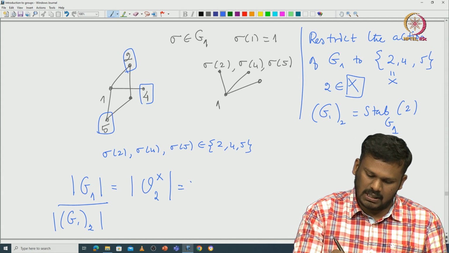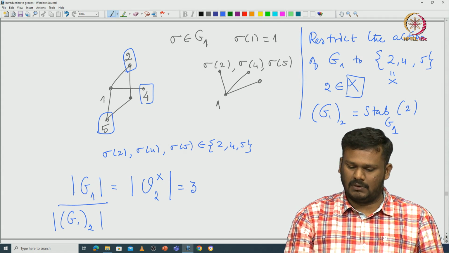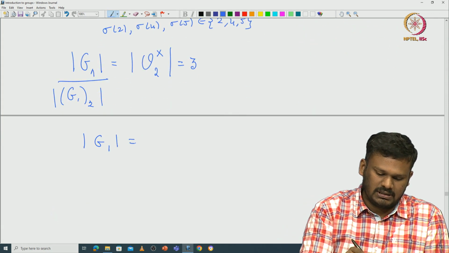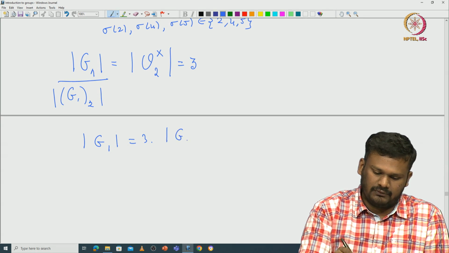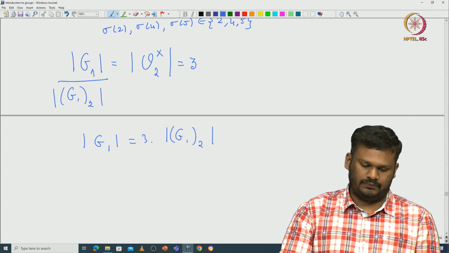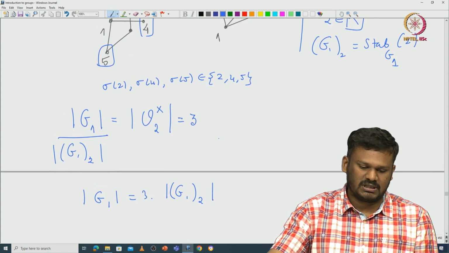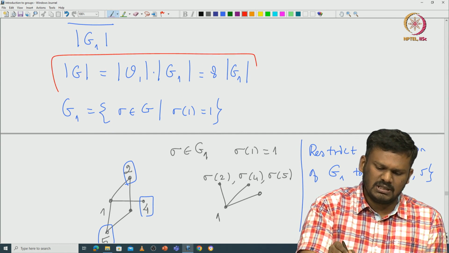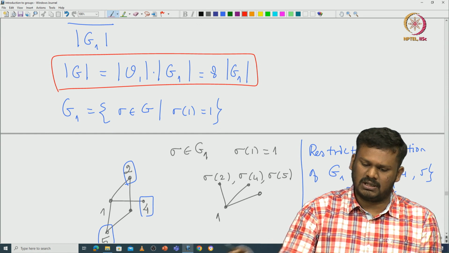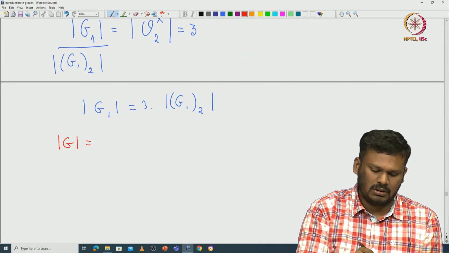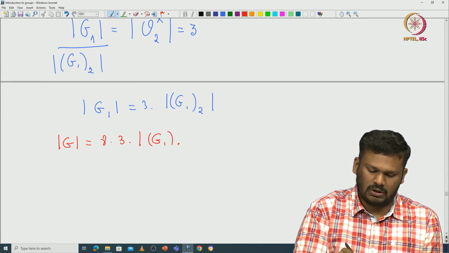So, the cardinality of the orbit is exactly 3. Indeed, what we proved is that the cardinality of G1 is 3 times the cardinality of the subgroup of G1 that fixes 2. If you go back to the original equation, the cardinality of G is given by 8 times the cardinality of G1. If you substitute this back, you get the cardinality of G equal to 8 times 3 times the cardinality of G12.